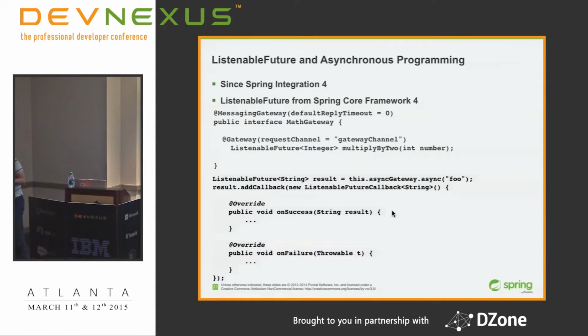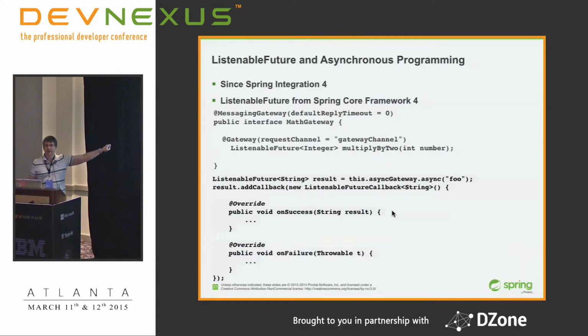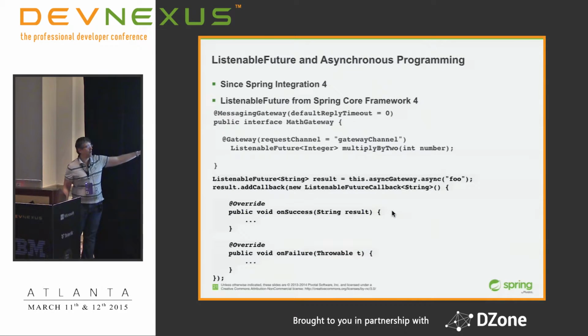It's pretty much what its name says. It's a future that has a callback that can be executed when the gateway returns. When the invocation of the gateway comes back, we will get either a call on success or on failure.